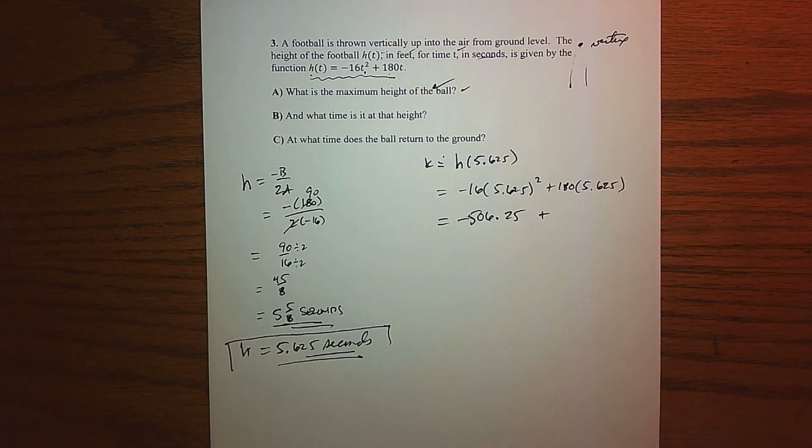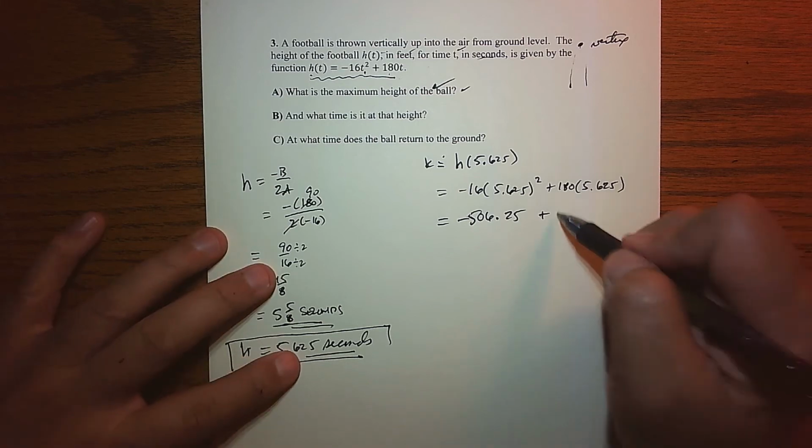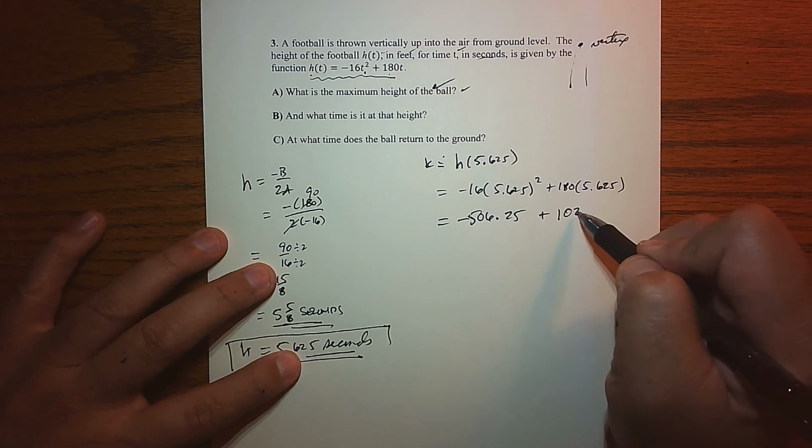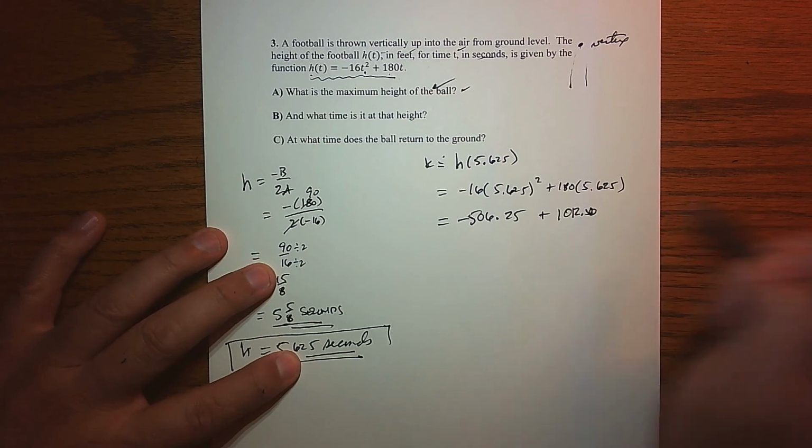And then we're going to add, when I take 180 and multiply it by 5.625, what we get is 1,012.50.